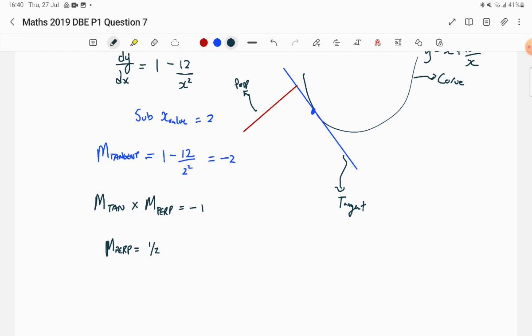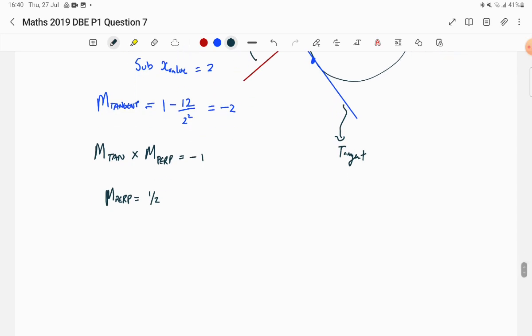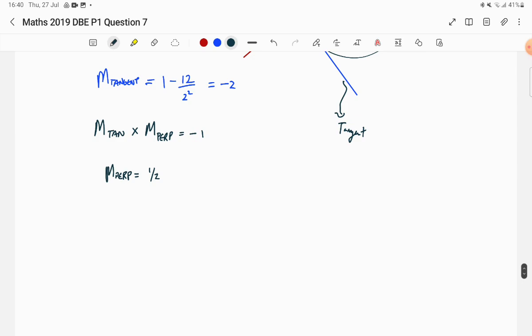The only other thing we need is a point, and then we can get the equation of our line. Let's sub the gradient into the equation.